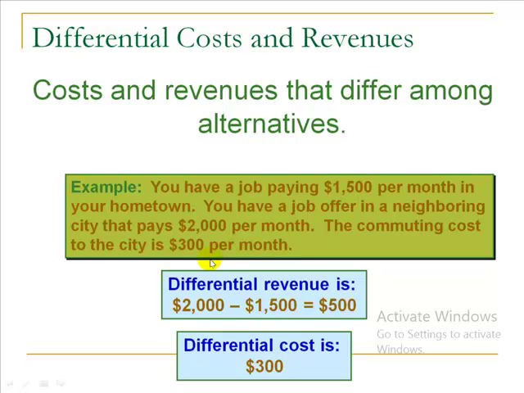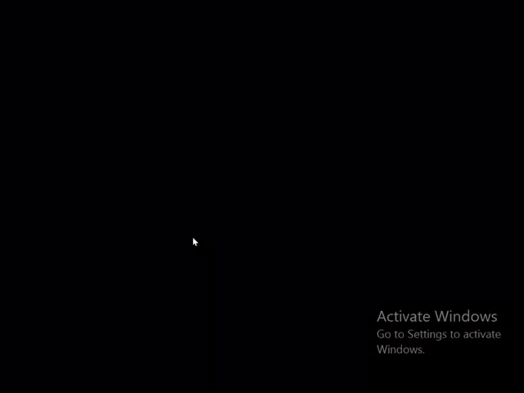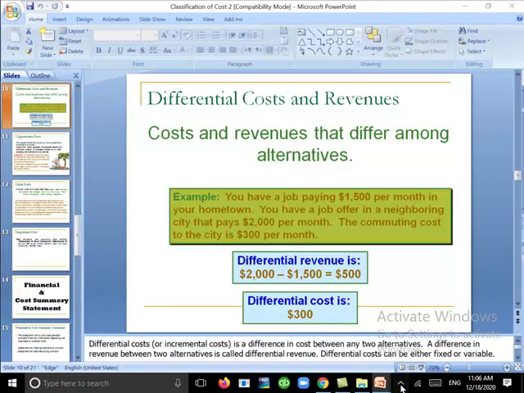Now dears, what we say, the differential revenue is 2000 minus 1500, which is 500. The differential cost is 300.